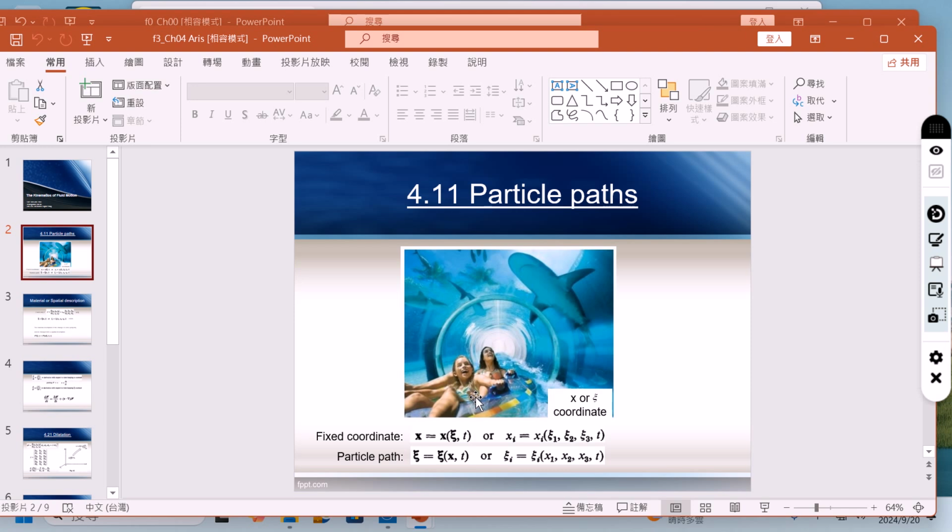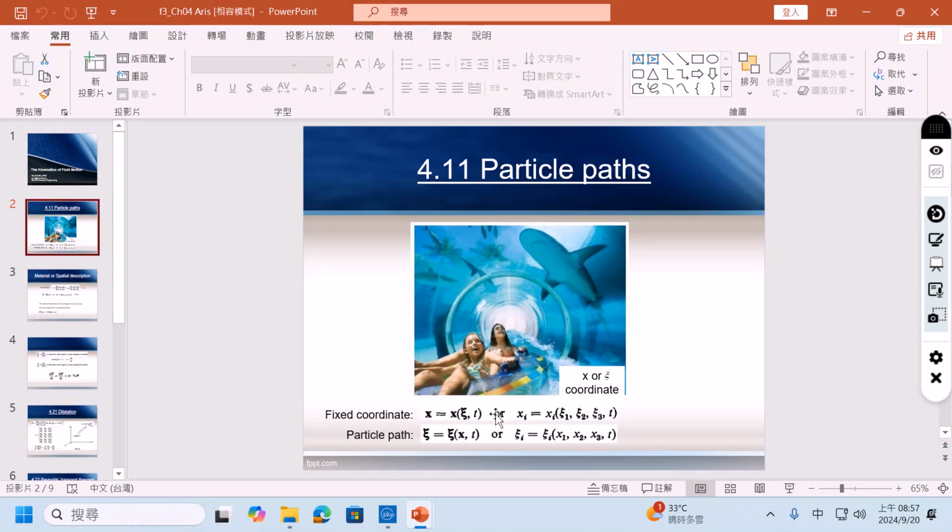Or we should say, if the density does not change, the fluid is incompressible. All right? Clear, right? So that's the difference between the partial derivative and this full derivative with the coordinate that goes with the fluid.